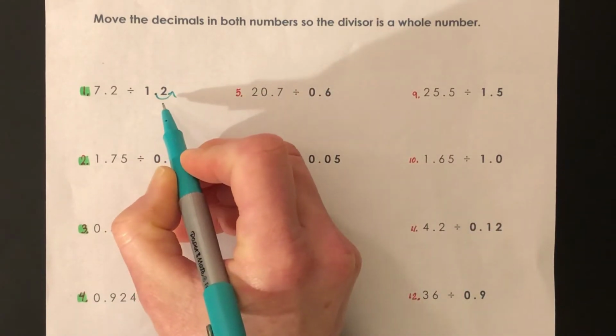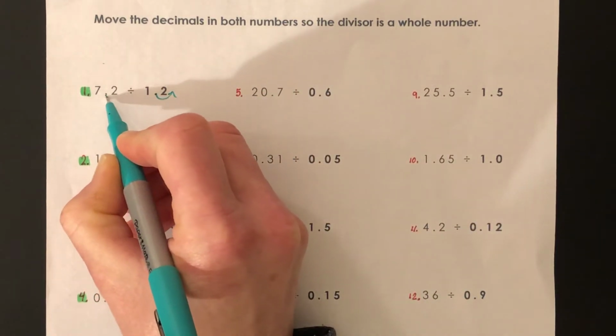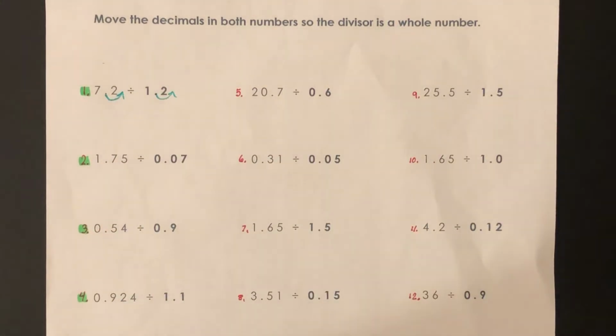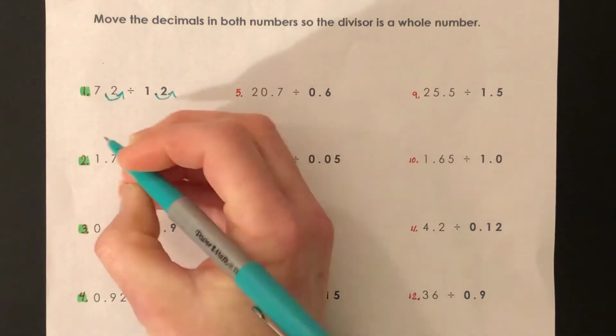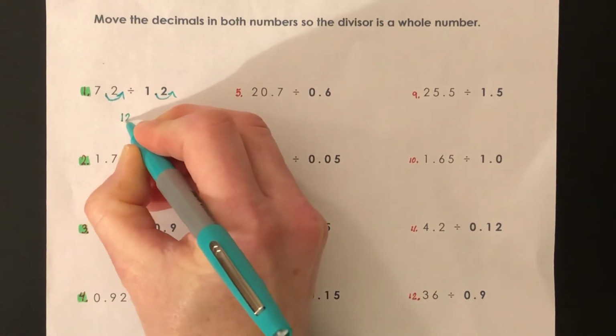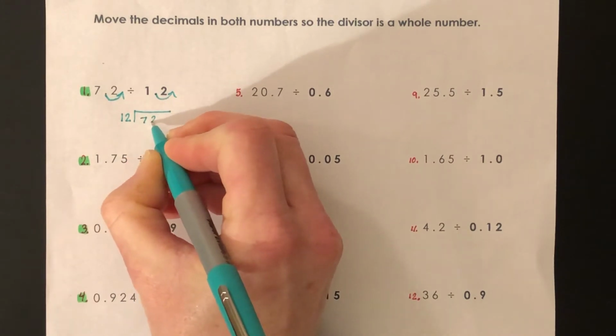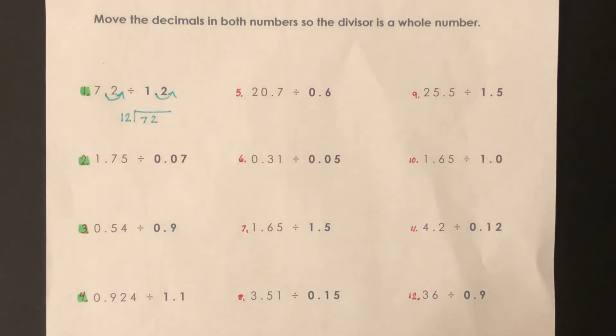If I move this one place, then I've got to also move this one place. And when I do that, I'm left with 12 into 72. You're not actually dividing on this, you're just practicing moving the decimals.